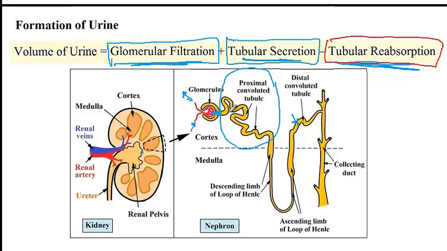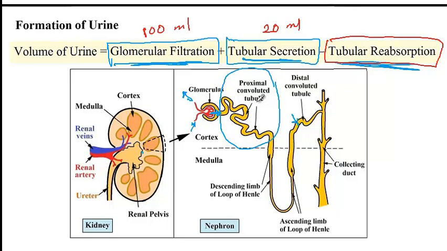Let's say that in 1 minute, just for argument's sake, 100 ml of fluid is being filtrated through the glomerulus. Now, as the fluid is going through, another 20 ml of fluids or other stuff is getting secreted into the filtrate.